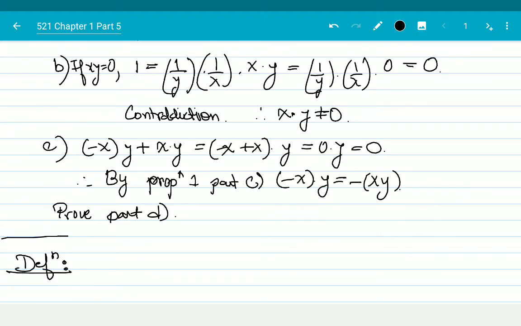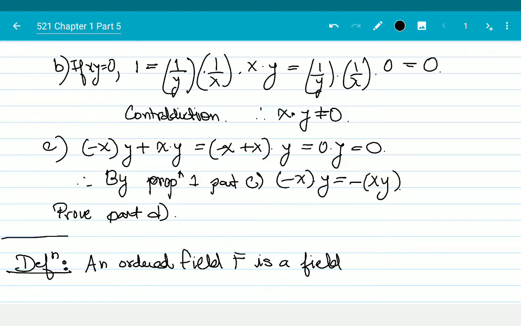We have also defined what an ordered set is. Now we are going to define what an ordered field is. An ordered field F is a field. Well, some part of it is going to be extremely obvious.